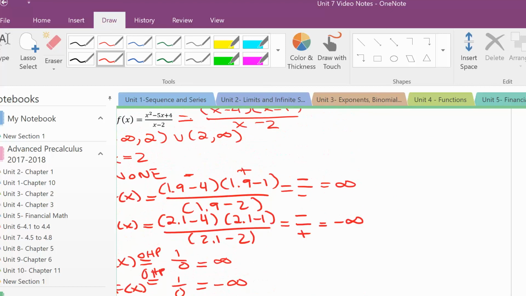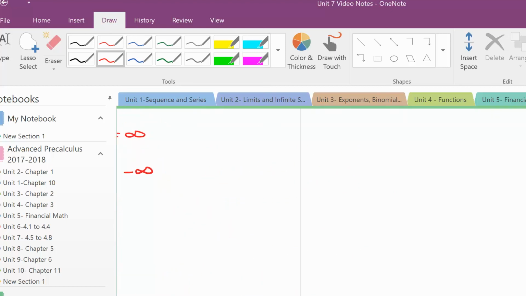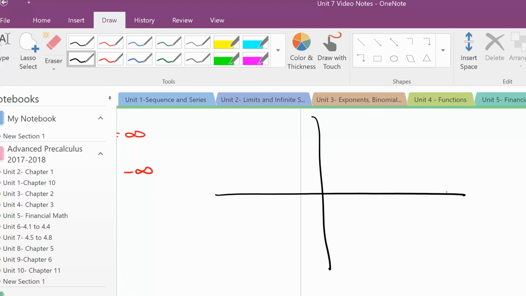Now, come up here to graph. Because of the information we have, for example, we have x equals 2. We have an oblique asymptote at y equals x minus 3. So minus 3 is down here, and it's going to intersect at 3.